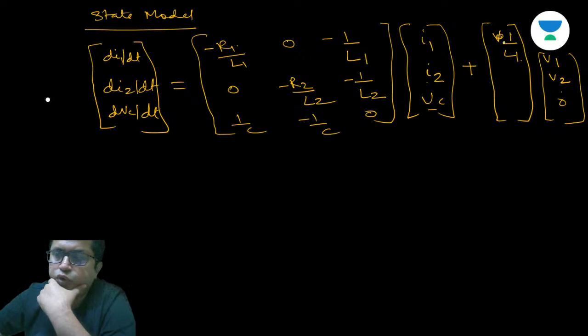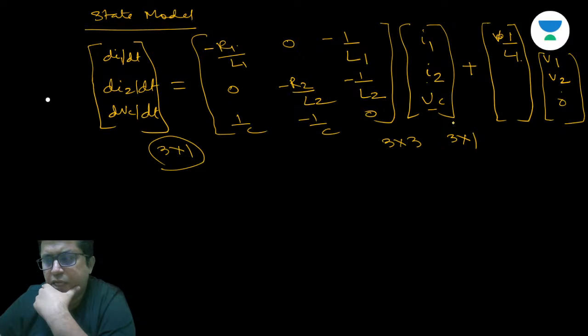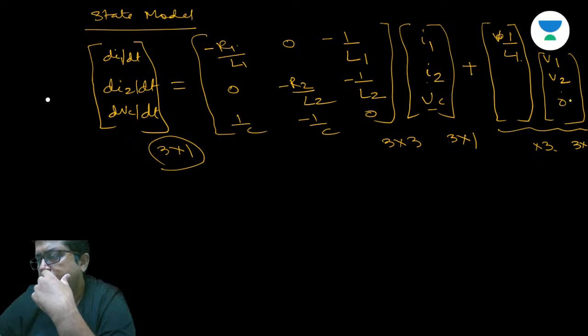This term is 0. So what will be the size of this? This is 3 by 1, and this is 3 by 3. Naturally the result is 3 by 1, so whatever matrix I want from the multiplication is 3 by 1.